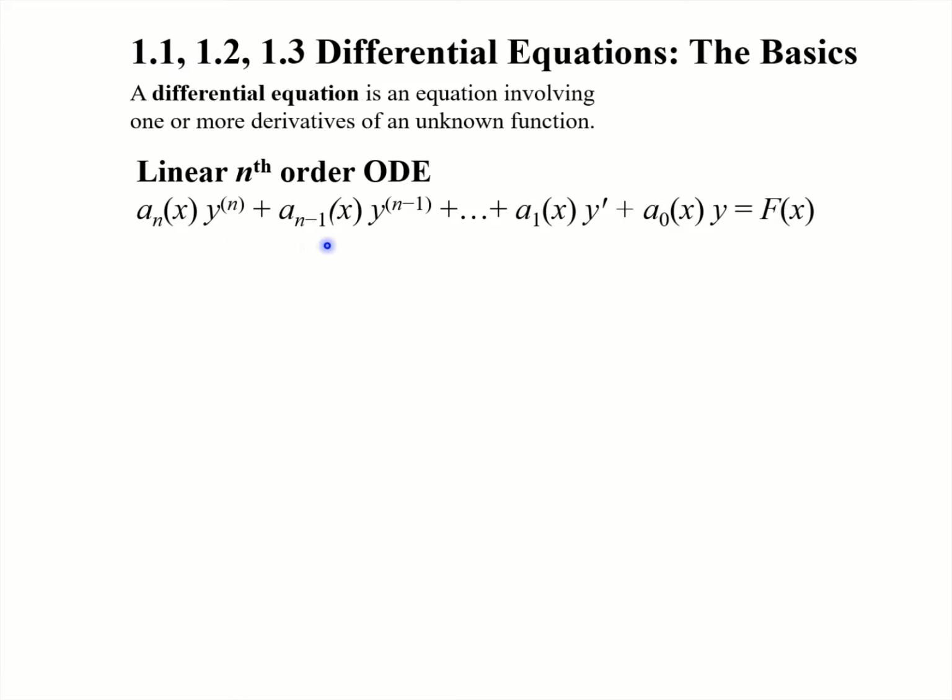And then we have another function of x here. That could be the square root of x, and then this is the n minus first derivative, and it goes all the way down to the first derivative times a function of x. And then, well, it goes a little further, a function of x times just y, which is really sometimes referred to as the 0th derivative, and this equals f of x.